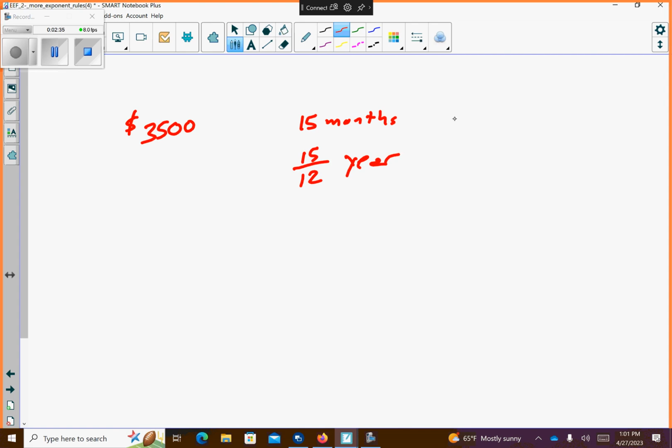At 8%. Again, we're just going to use this equation. So 3,500 e to the 0.08 times 15/12. You can type in 15/12, or you can make it a decimal, it's fine. The calculator should be able to handle that no problem.